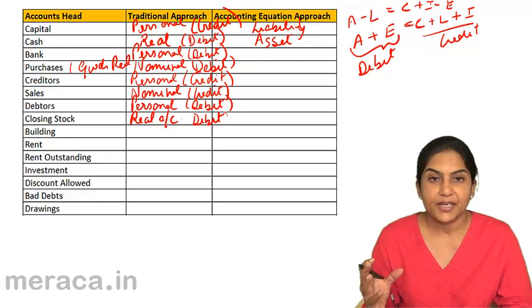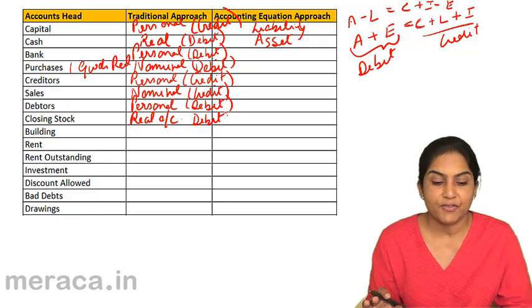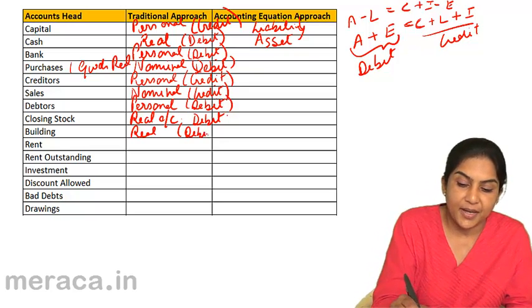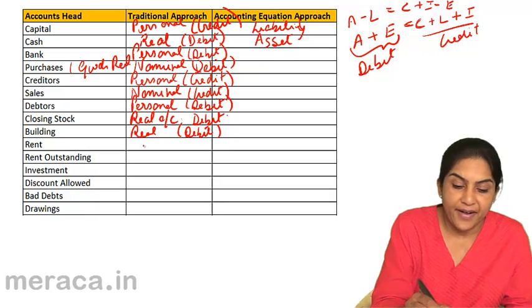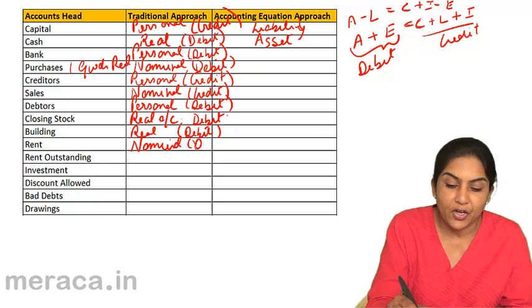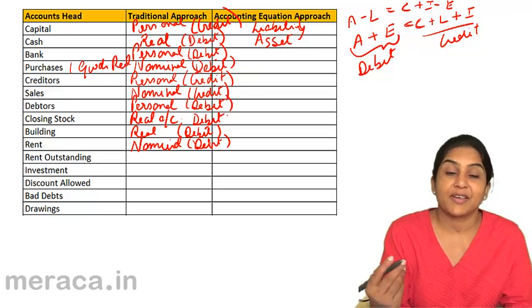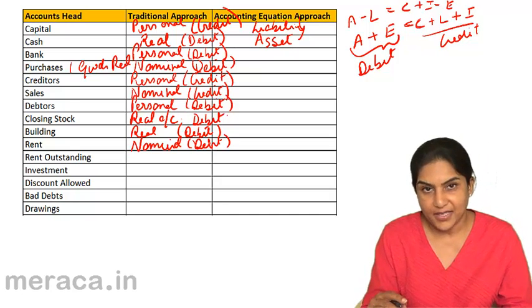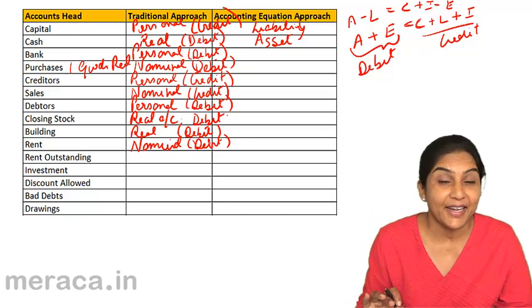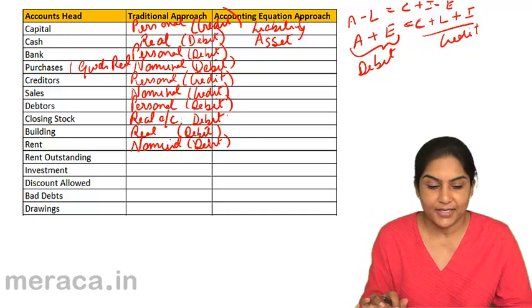Goods have already come in. Building, real account, it's an asset. Debit what comes in. Rent is an expense, it's a nominal account. Debit all expenses. If it's a rent expense, it would be debit. Of course, if the business is earning rent income, it could also be credit.